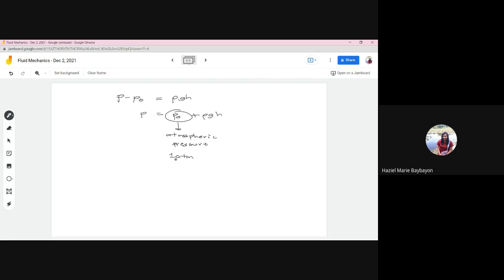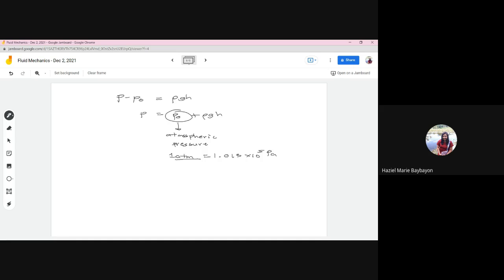So atmosphere is another unit of pressure. Newton per meter squared is the Pascal. Okay, 1 atmosphere is equal to, it is a very large number in terms of Pascal, 1.013 times 10 to the 5 Pascal. So this is a very large pressure. This is the pressure of the atmosphere at sea level.